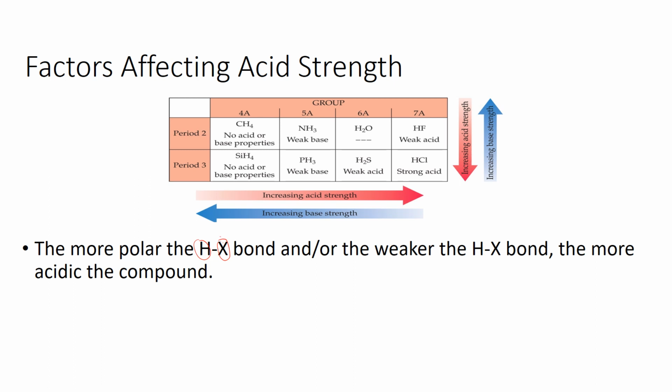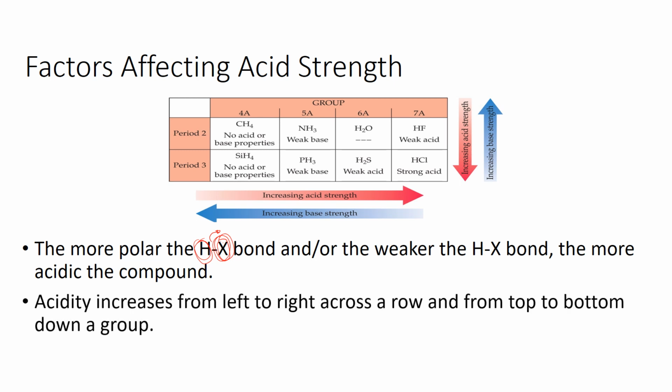Basically, if this has a very high electronegative value, then it will pull the electron cloud to itself, so it's easy to lose the hydrogen ion. If it is more polar, then it becomes very acidic, because you can easily give up the proton, and that is what determines the acidity.